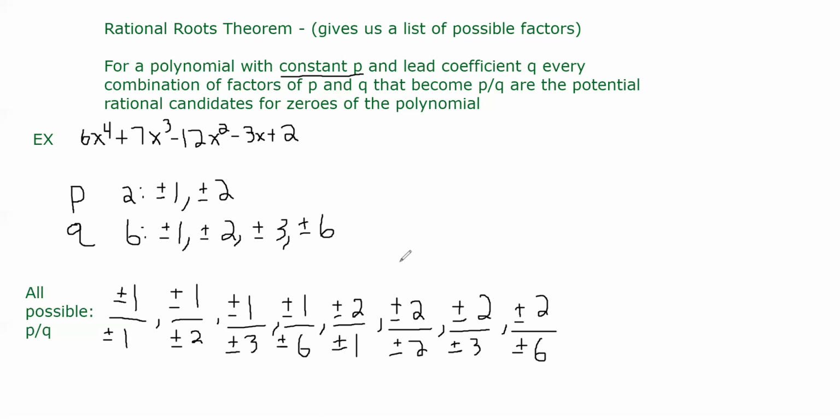Now, this expands out even further. We can simplify this even more. We're going to see that some things are going to be redundant and we can cross them out.